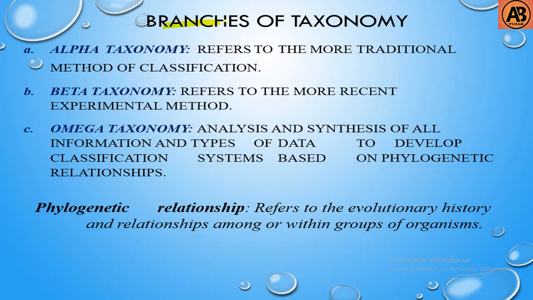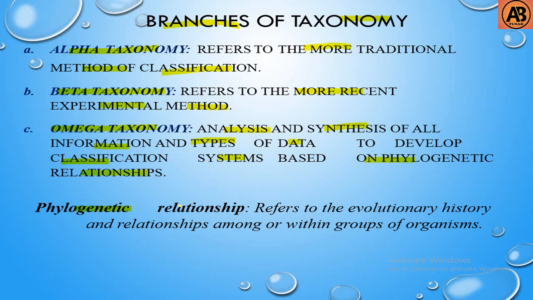Here are the branches of taxonomy, such as alpha taxonomy, beta taxonomy, and omega taxonomy. Alpha taxonomy refers to the more traditional method of classification, beta taxonomy refers to the more recent experimental method, and omega taxonomy is the analysis and synthesis of all information and types of data to develop classification systems based on phylogenetic relationships.